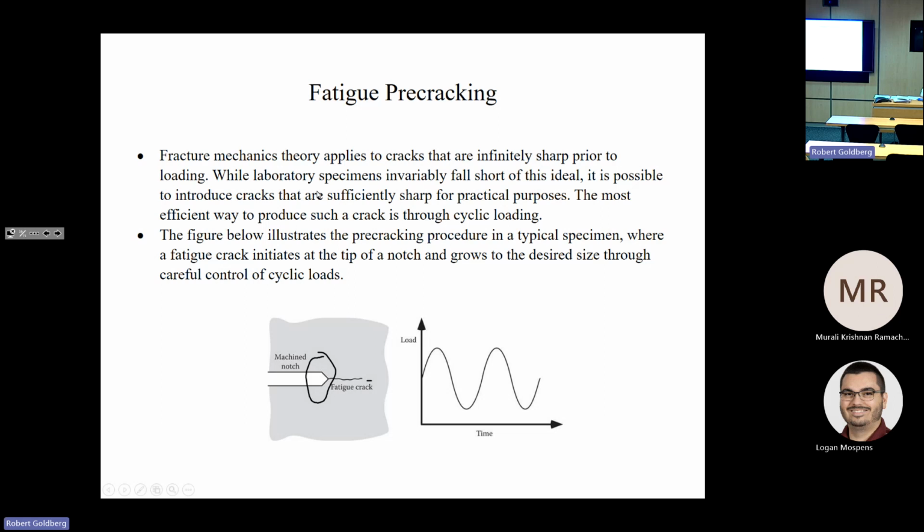So laboratory specimens invariably fall short, but you can introduce cracks that are sufficiently sharp. As I talked about, this cartoon illustrates that you put in your notch with your machine, and then you apply a cyclic load, which will initiate a crack at the tip of the notch, and it'll grow to a specified size, which is controlled by the level of the load you apply and how long you apply the cyclic load for.